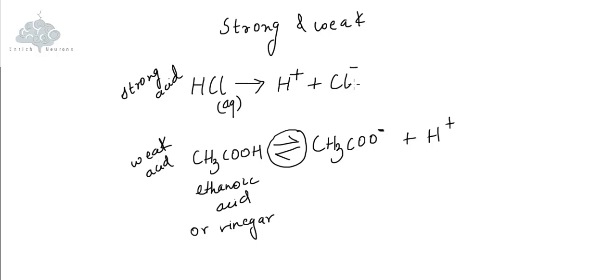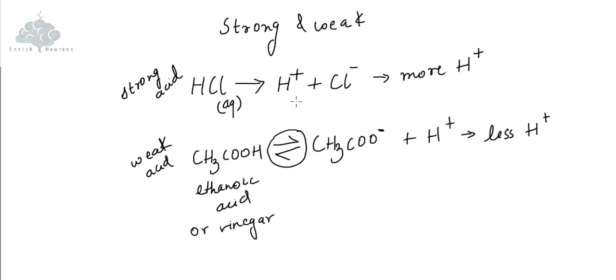Now what we see is that because HCl is just going in the forward direction, it produces more H plus ions. And the weak acid produces fewer H plus ions because it's going in the forward and backward directions. So the overall concentration of H plus ions remains less as compared to the strong ones.